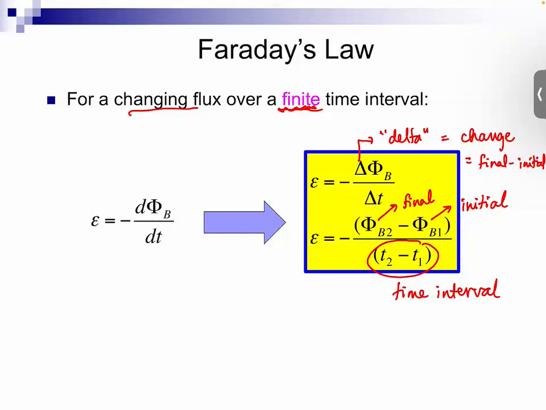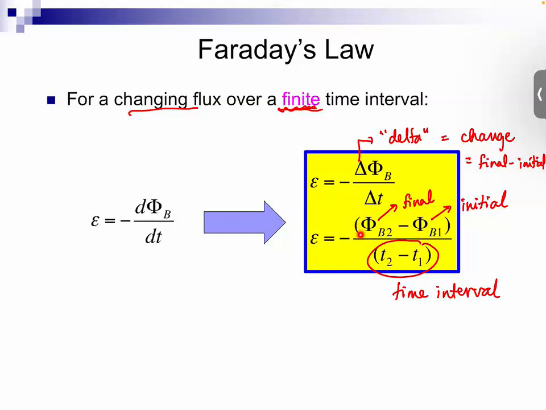You need to know what's the final number of magnetic field lines crossing your loop minus the initial number of magnetic field lines crossing your loop, divided by the time interval over which the change took place. Because you will only have an induced voltage if you have a change in magnetic flux.